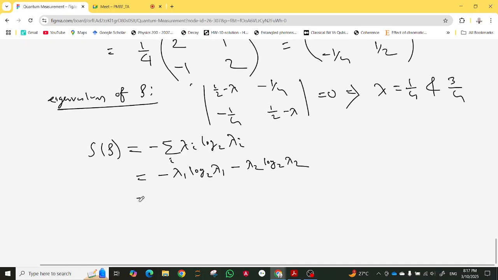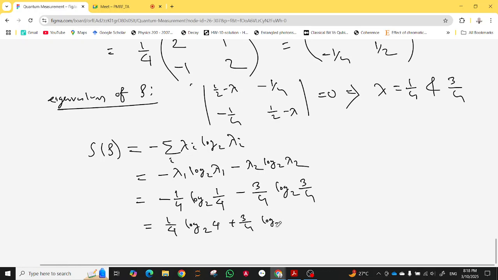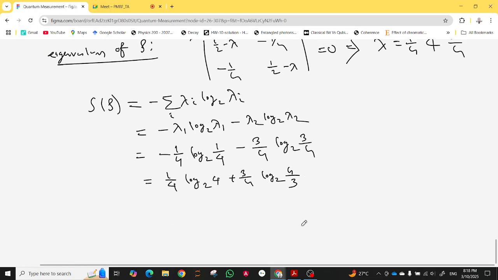So just put lambda 1 is 1 by 4: minus 1 by 4 log base 2 of 1 by 4, minus 3 by 4 log base 2 of 3 by 4. Just put the minus sign inside the log, so you get 1 by 4 log base 2 of 4 plus 3 by 4 log base 2 of 4 by 3. This just changes the sign inside the log.